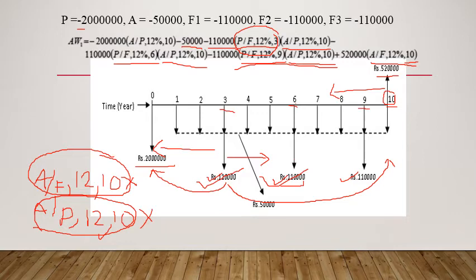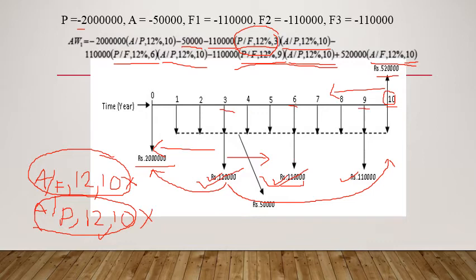So whenever you have single payments in between the ends, either convert them into P at t is equal to 0 and then use the factor A by P comma i comma n, or push it to the end at t is equal to n and then use the factor A by F comma i comma n. This is very, very important. Keep that in your mind.